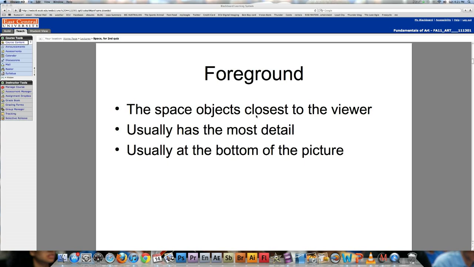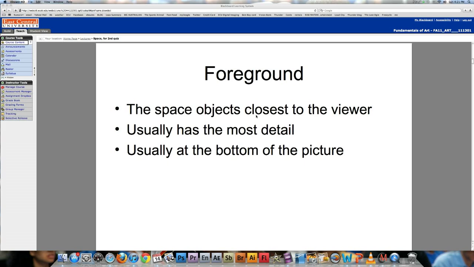But if you had another painting of bricks where the bricks were 100 feet away, you're going to see less detail because they're further away. The human eye can't pick up details from something that's far away. So therefore, foreground objects have a lot of detail, and they're almost always at the bottom of the picture that you're looking at.